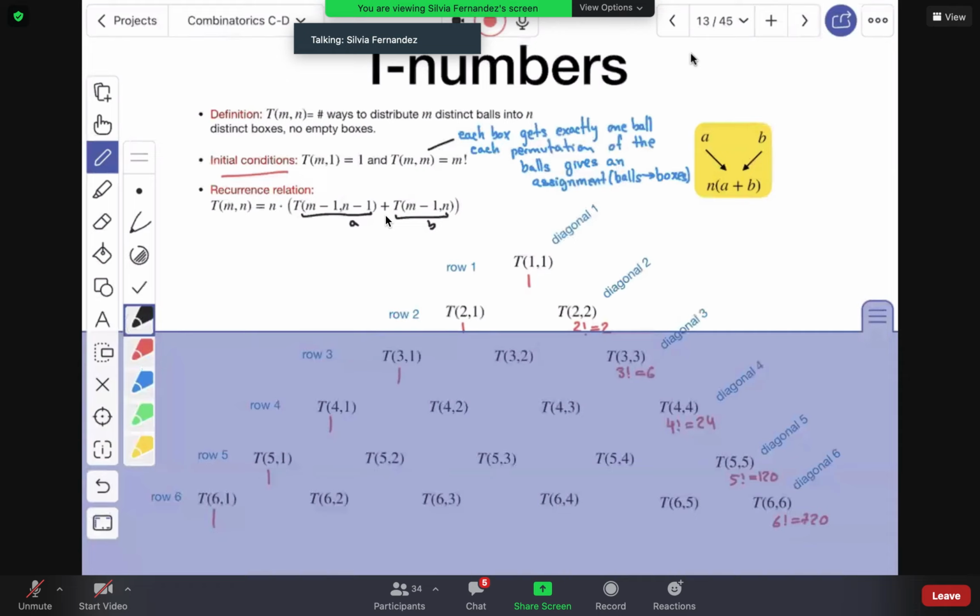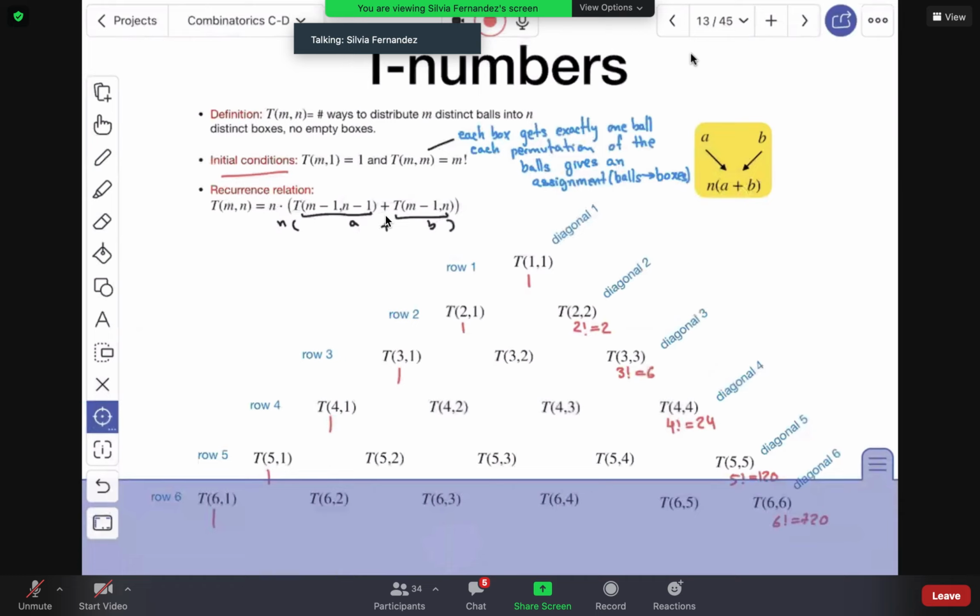So the entry in the next row is n times A plus B. Okay? So that's my rule right here. Adding them up and multiplying times n gives me the entry right below.